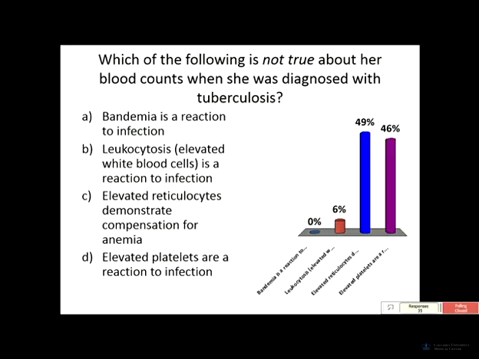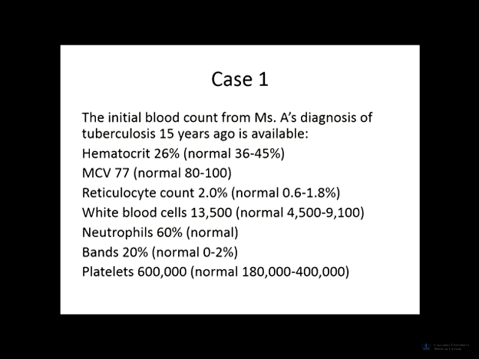Platelets are an acute phase reactant, which you've learned about before, so those are going up just like the white blood cell count is going up because you have an inflammatory response and an infection. Looking at the reticulocytes here, they're 2%, which is a small increase.